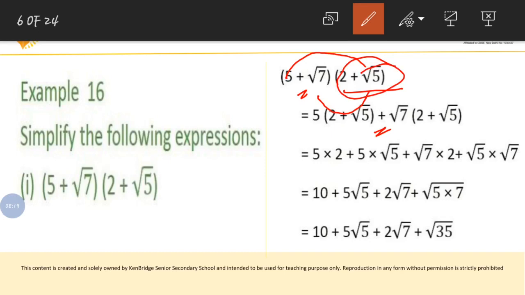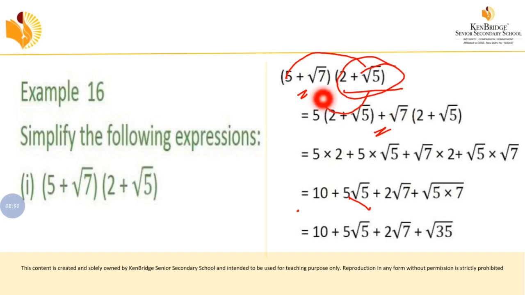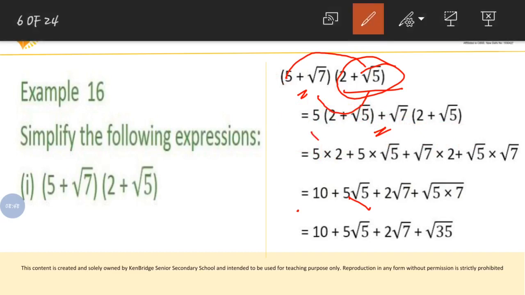First we have multiplied 5 with this term. Now we have multiplied root 7 with this term, and in between there is a plus symbol. That's why we have used plus symbol here also, okay. Can you understand? So 5 into 2 plus root 5 plus root 7 into 2 plus root 5.